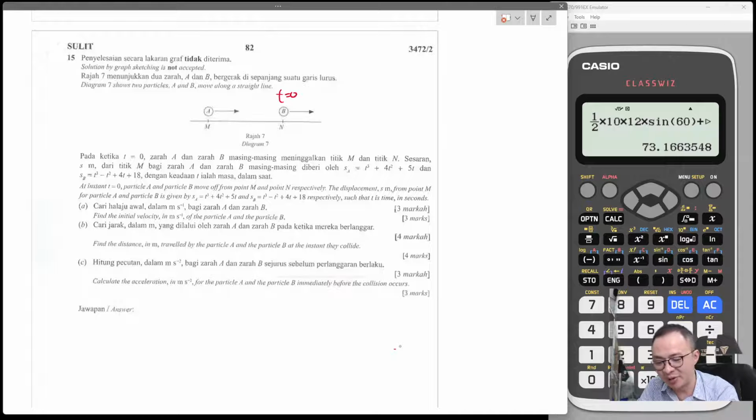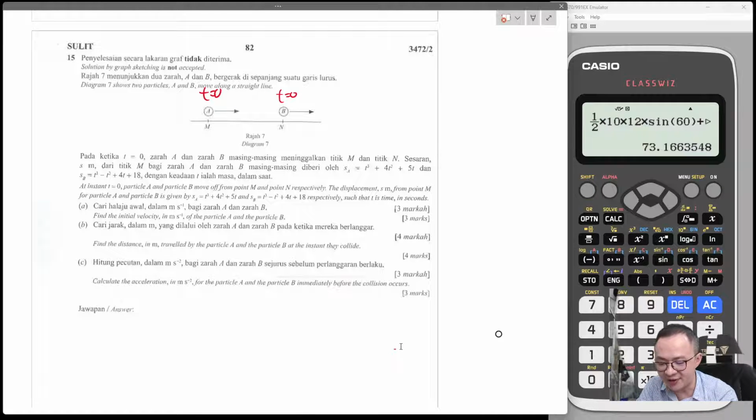So at this moment, time is 0. The displacement S from the point M for particles A and B is given by two different equations respectively, where t is the time in seconds.